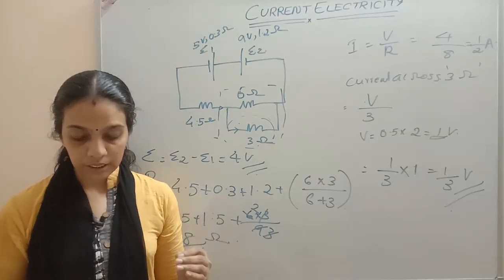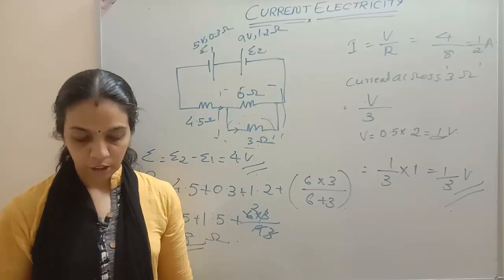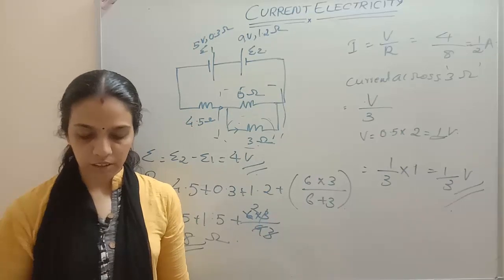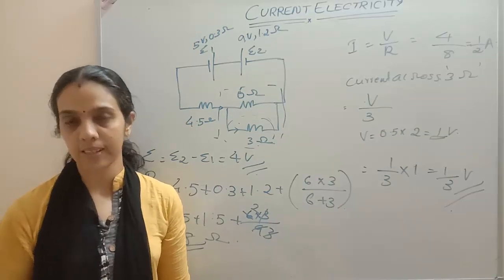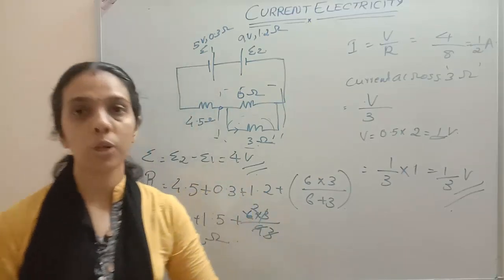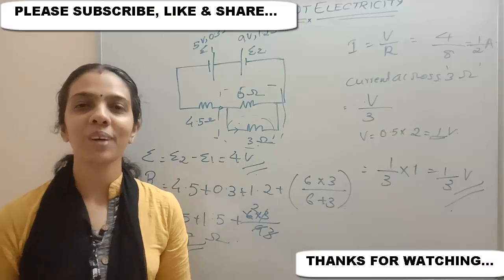This combination is then connected across a resistance capital R. Draw a circuit of the setup and obtain an expression for the current flowing through the resistance capital R. This one you try. This is also a previous year question. You try to solve it. If you are not getting it, tomorrow I'll explain.